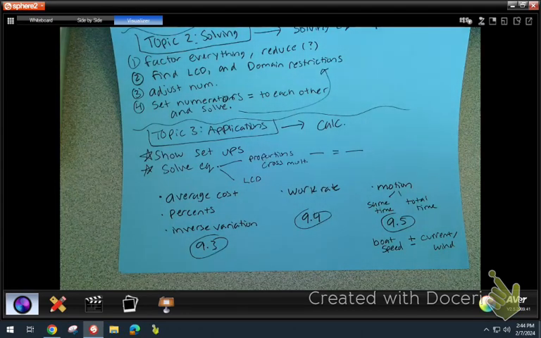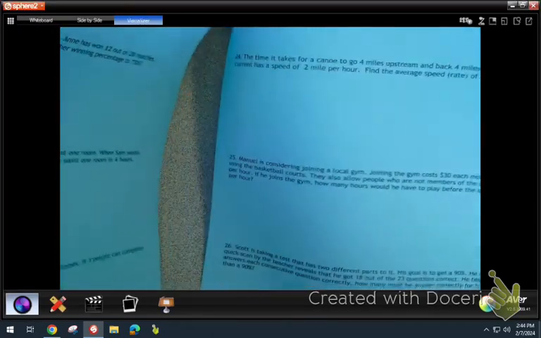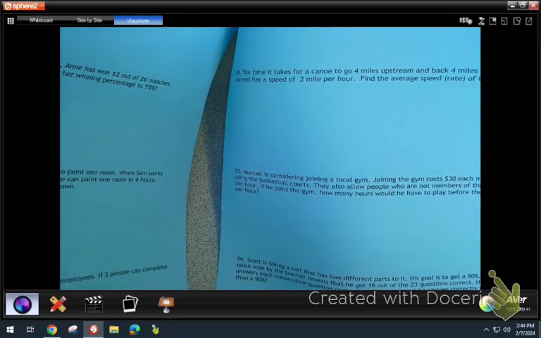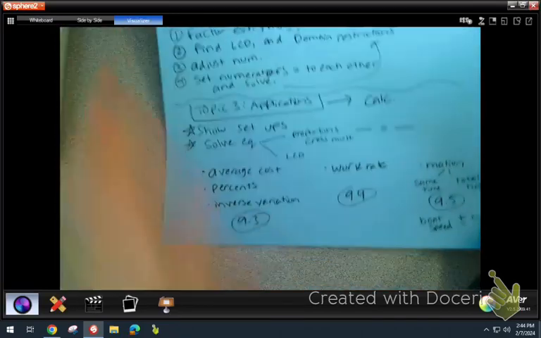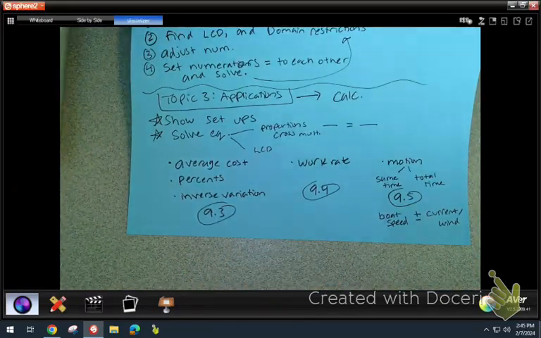Tailwind is like downstream, where it's at your back helping you go faster, so you use a plus. Just like a current downstream would be going with you, use a plus. Headwind is upstream, or is like upstream, where it's working against you. Those are the vocab words there, okay?